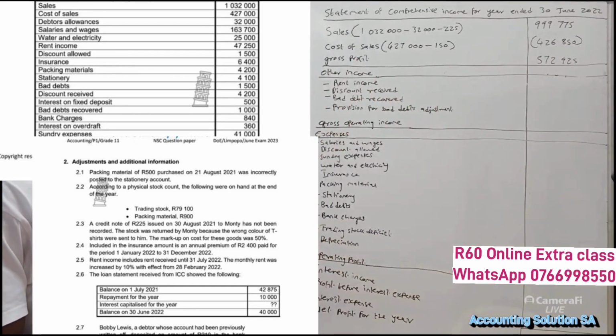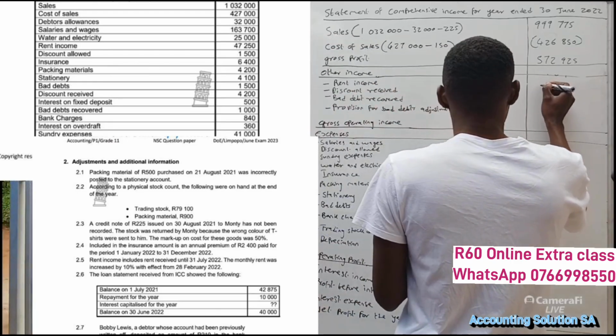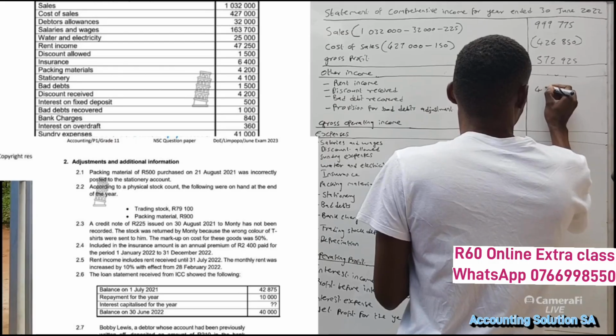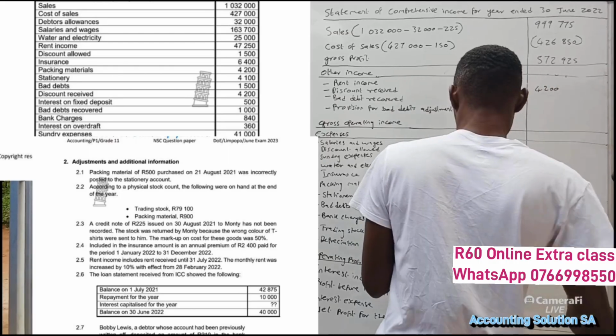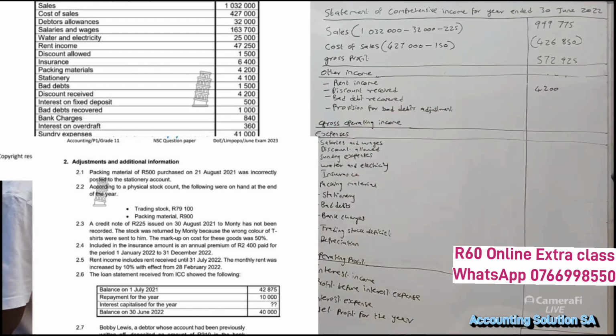So the first one that we are going to follow on our adjustment, if it is there, is discount received. Discount received, we don't have any transaction. We're just going to copy 4,200 from our trial balance, but there were no marks allocated there, so you don't have to worry about that one. Okay, then another one, we have rent income.